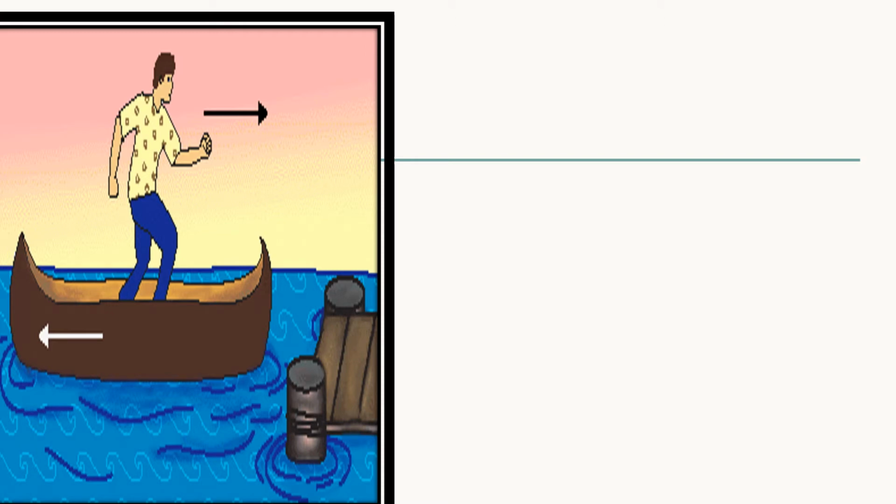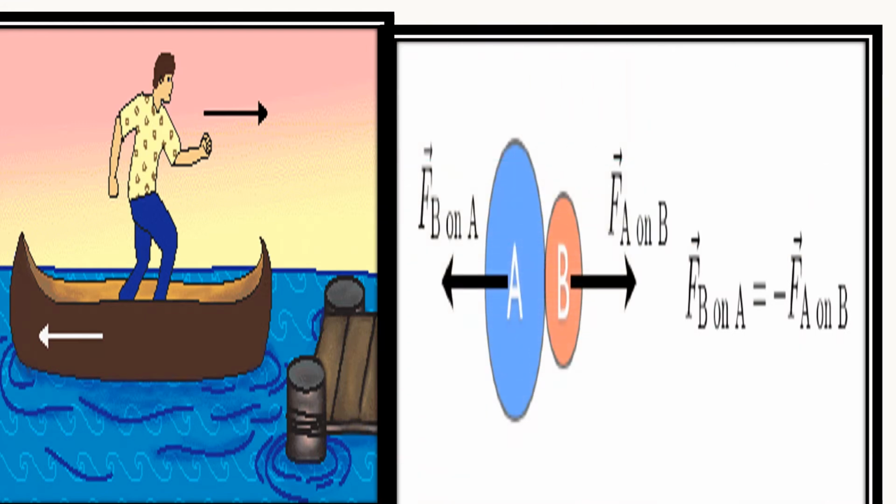Now let us consider another two objects, A and B. Suppose object A exerts a force on object B, let's say Fa. In that condition, B will also apply the same force in the opposite direction.